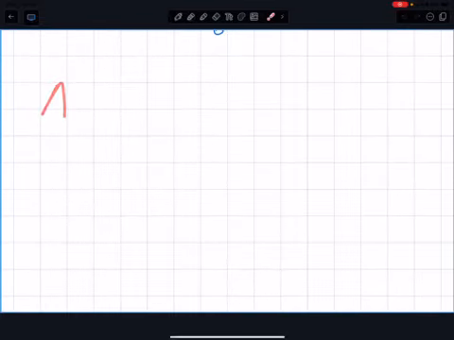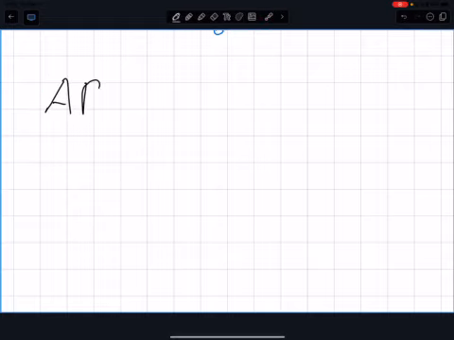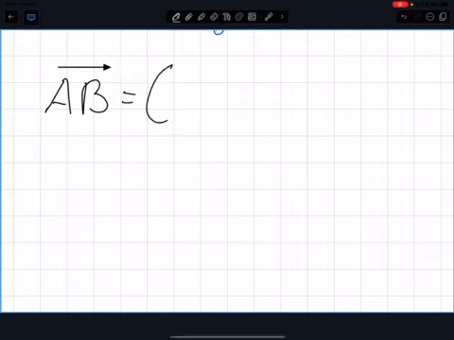So, AB, the vector of AB. Let's put a nice arrow like this. Equals 4, 2. That's it. Done. That's vector AB: 4, 2. Easy peasy.